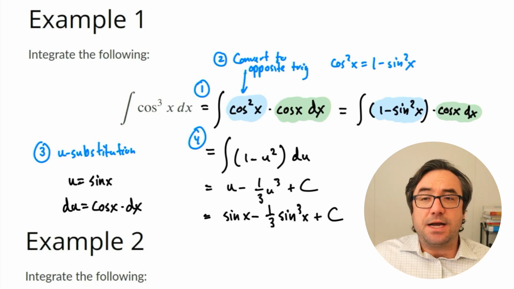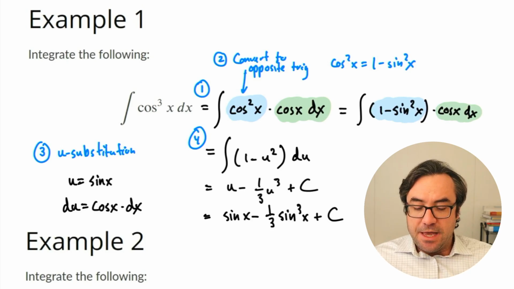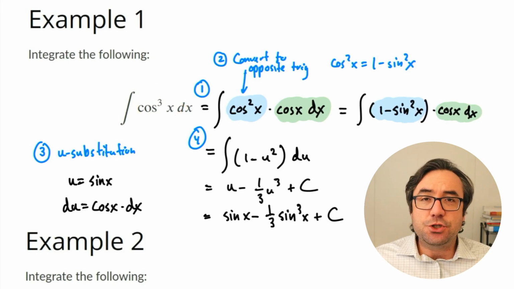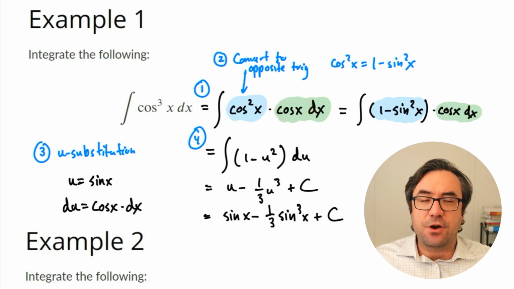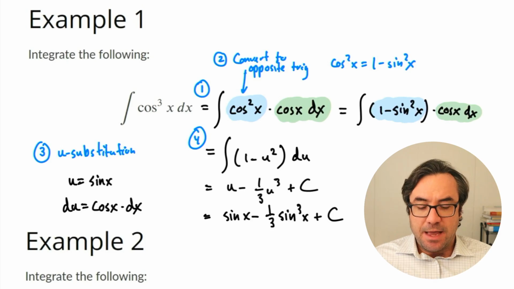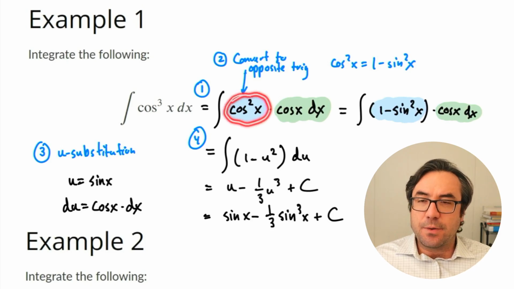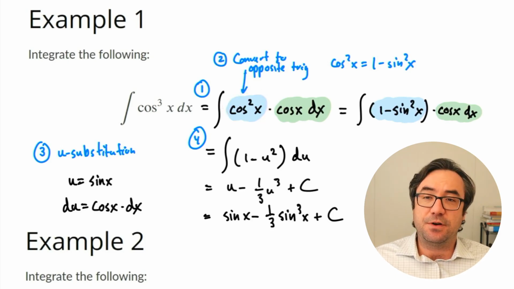All right, and this is the process. So the steps here are: we look at our trig function and identify which trig term has the odd power. In this case, it was cosine. So we factored off one copy of cosine and put it next to our dx. Then for step 2, we convert all the remaining terms into the opposite trig function.